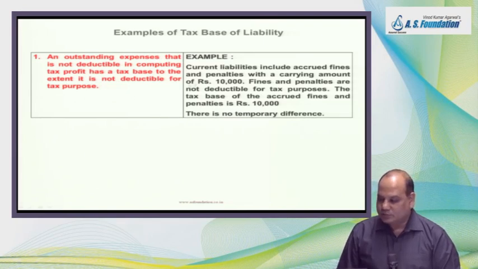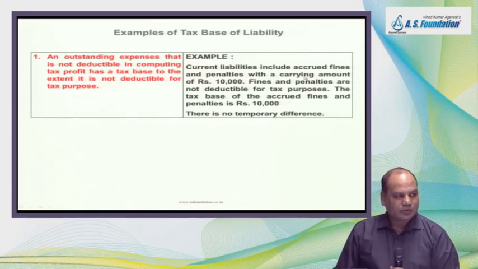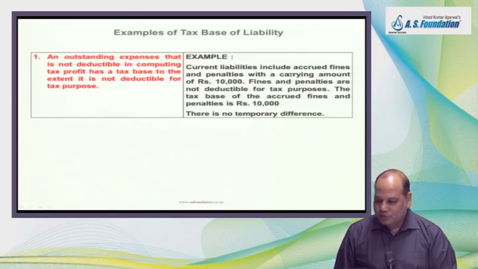Say for example, current liability includes fine and penalty with a carrying amount of 10,000, and assuming that this fine and penalty is not deductible in future, amount not to be deducted in future.